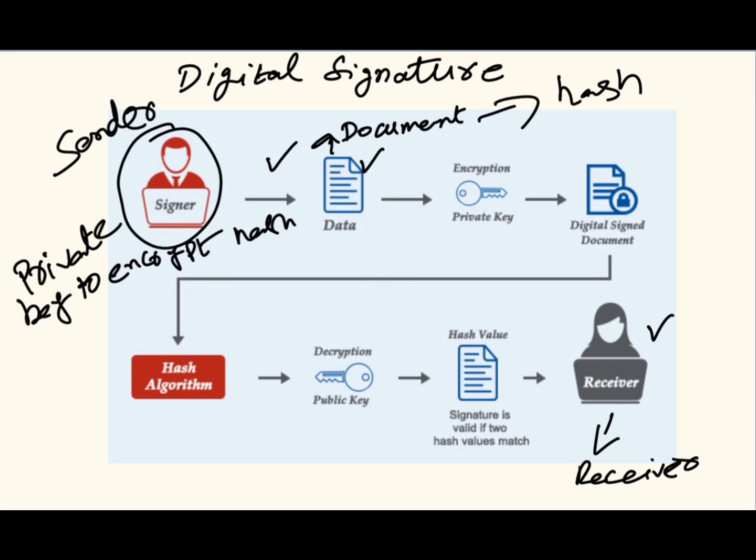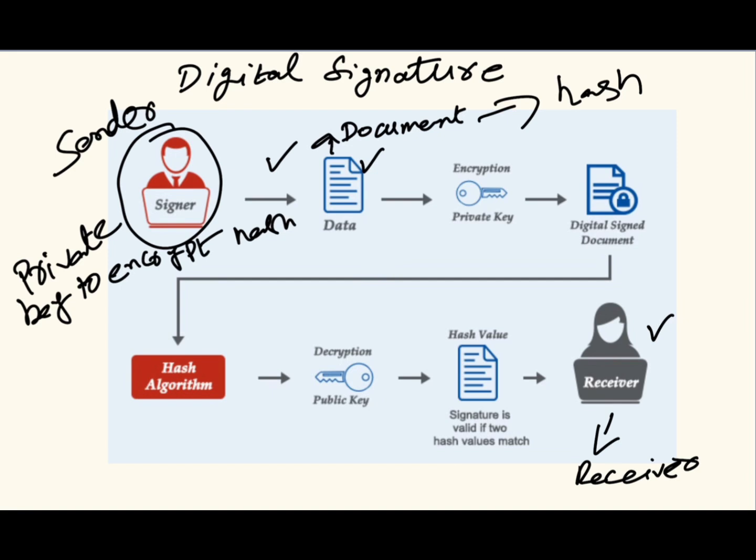That means the hash value is encrypted using the sender's private key to create the digital signature. This is the digital signature. When we encrypt the hash, that is the digital signature.